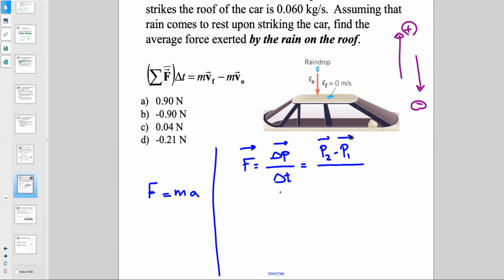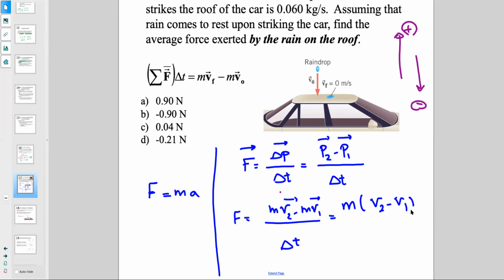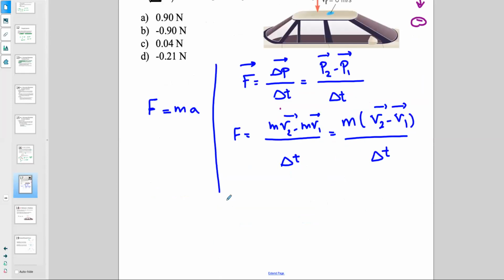They are both vectors, and delta t is just delta t. So F is m v2 minus m v1 over delta t. I'm going to factor out m here, so I have m (v2 minus v1) over delta t. So F is m over delta t times (v2 minus v1).